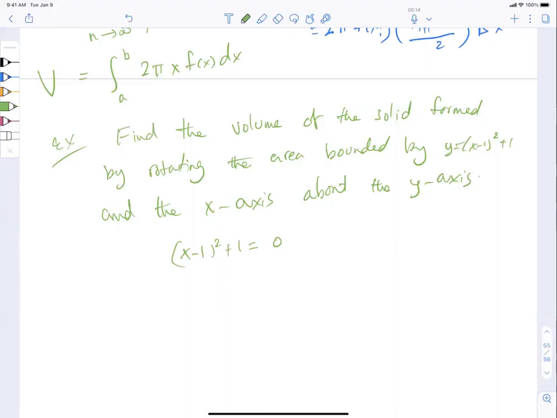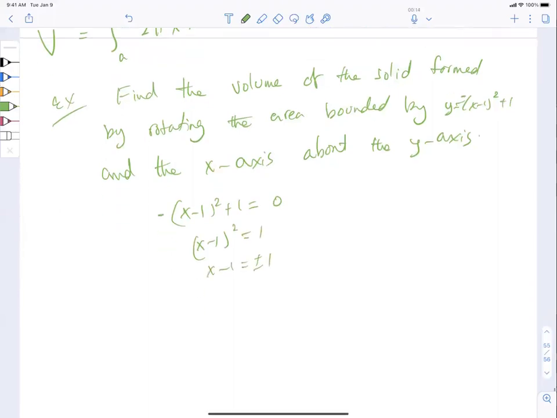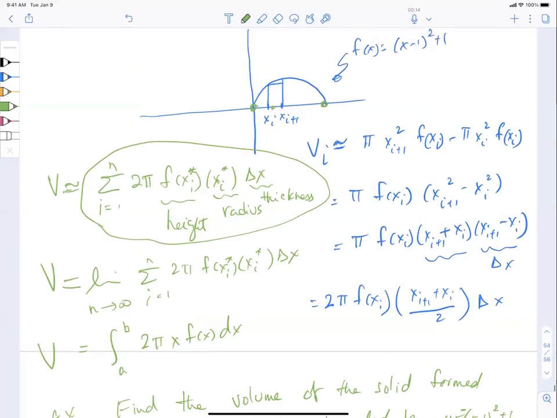Okay, so you get (x minus 1) squared equals 1, x minus 1 is plus or minus 1, x is 2 or x is 0. And those are the two places.